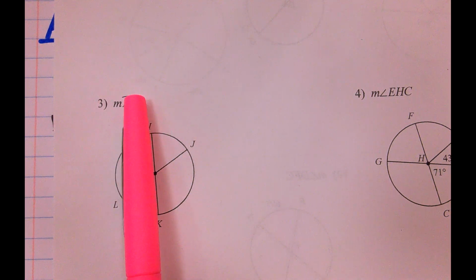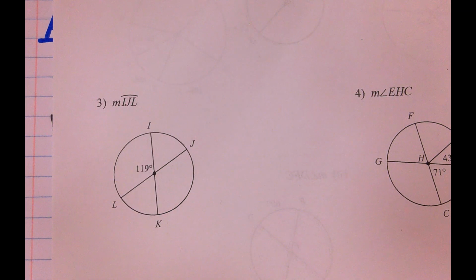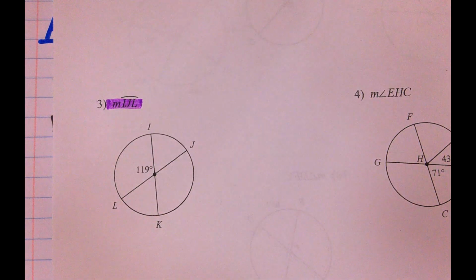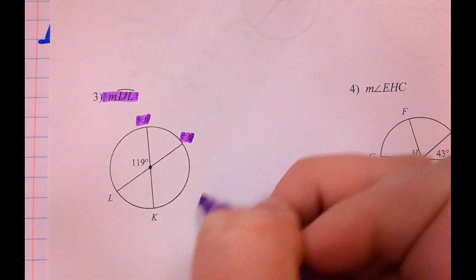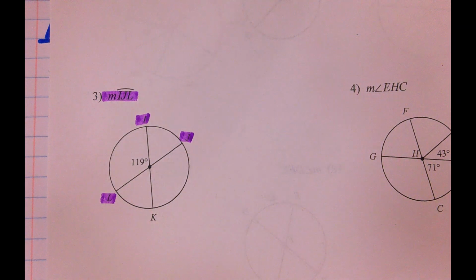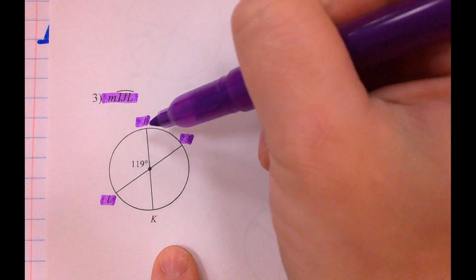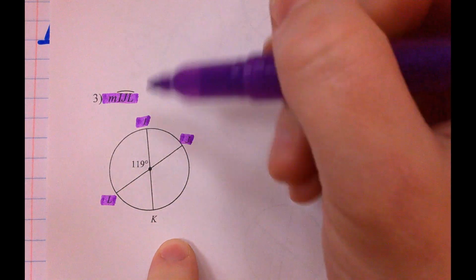Now we're finding an arc. So I am going to highlight those letters, IJL. And we want to show the arc based off of the letters they give us.